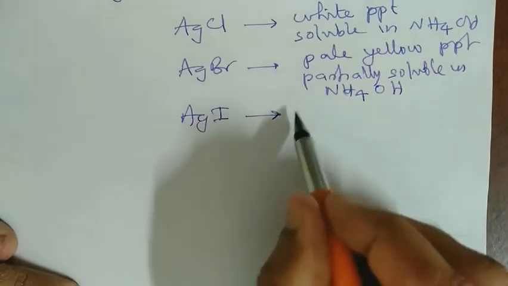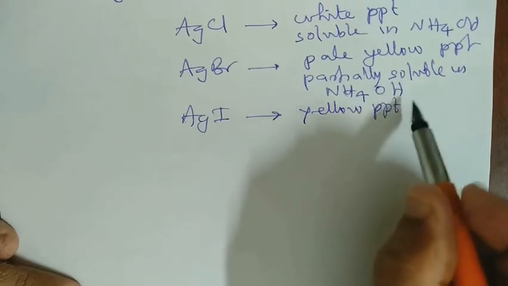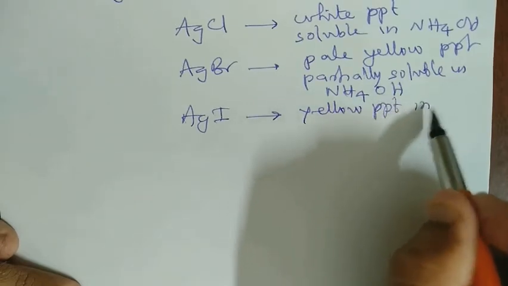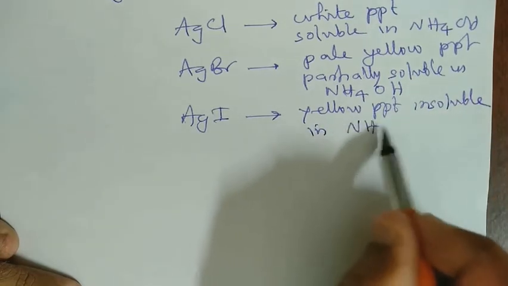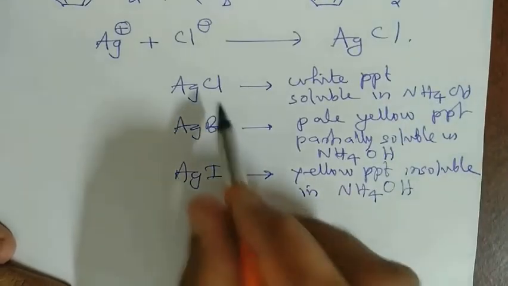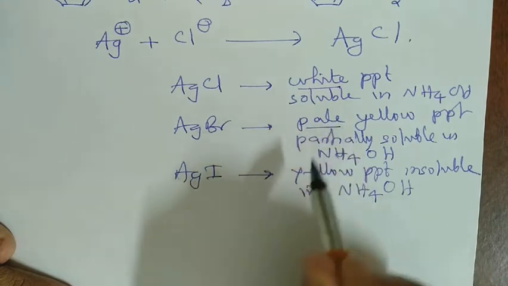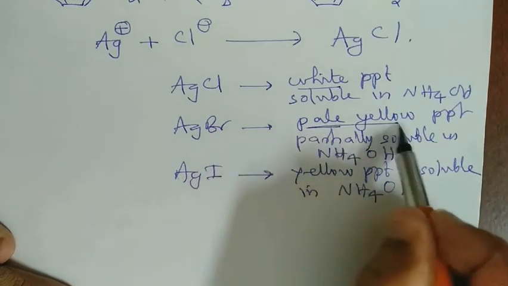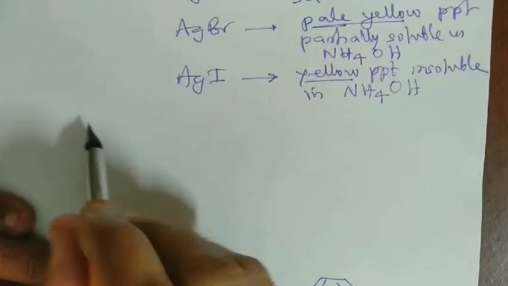Silver iodide is a yellow precipitate insoluble in ammonia or ammonium hydroxide. So from the color of the precipitate and its solubility in ammonium hydroxide, the nature of the halogen atom in the side chain can be predicted.